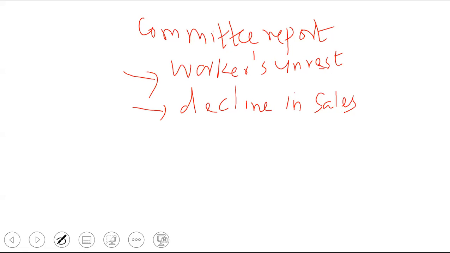And the simple excuses that you are telling will not be accepted. They will ask that western side mein kam nahi hua, Thane side mein kam nahi hua hai, baki kidhar bhi kam nahi hua hai, aapka area mein kyun kam hua? So you should have a very specific reason to give, because a committee will be appointed. Suppose they observe that for 2 months continuously sales are coming down, something problematic is happening.